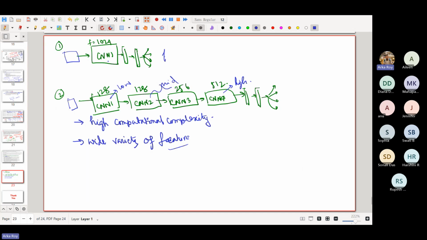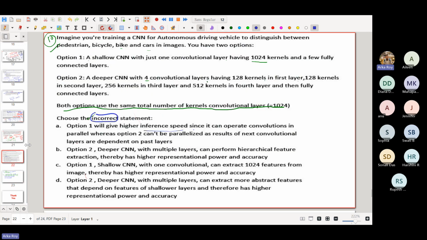You can see that this would be fast because computational complexity is low. However, in model 2, computational complexity is high. If you have to process the feature at this convolution layer, you have to wait for the previous output. So it is dependent on previous outputs.